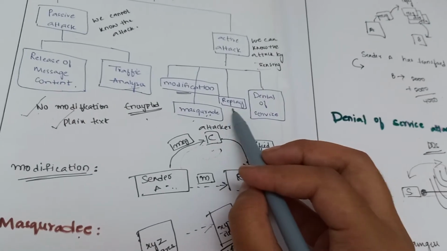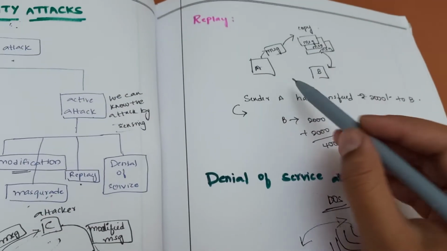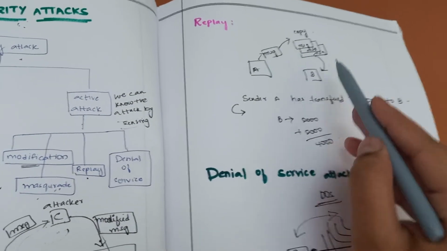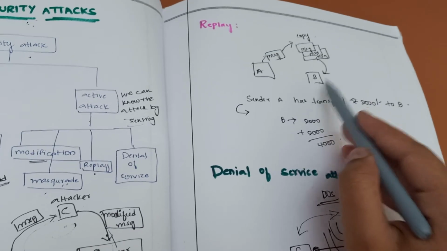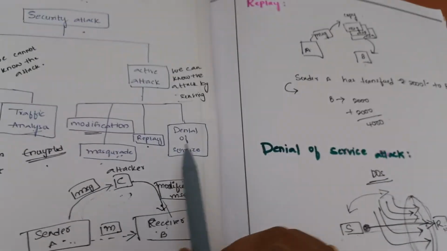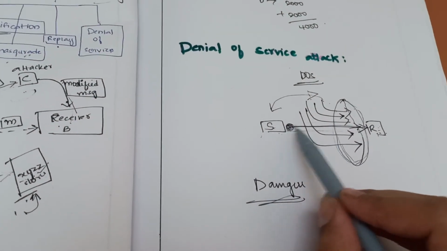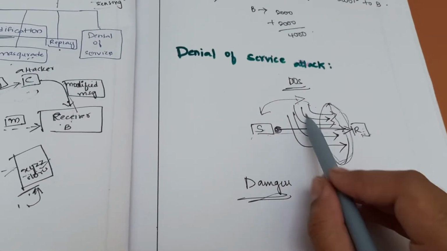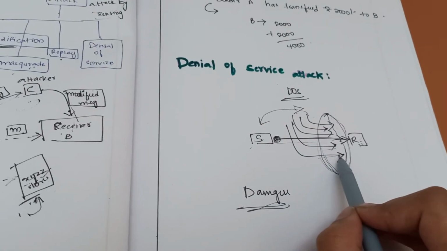The third attack is a replay attack, where the same message is replayed many times, and this creates a security attack. And the fourth attack is denial of service attack, where at the same time that the receiver has to receive the message from the sender, so many such messages interrupt the receiver.